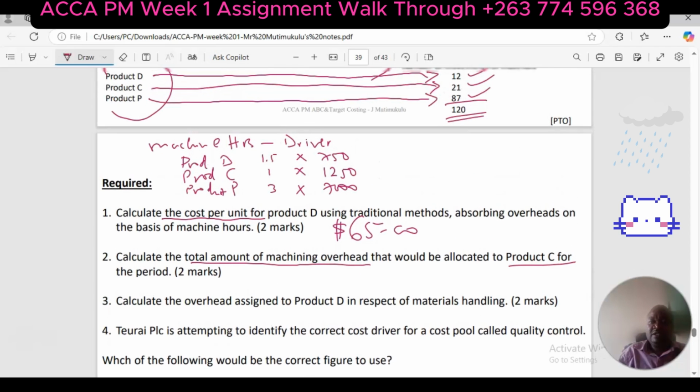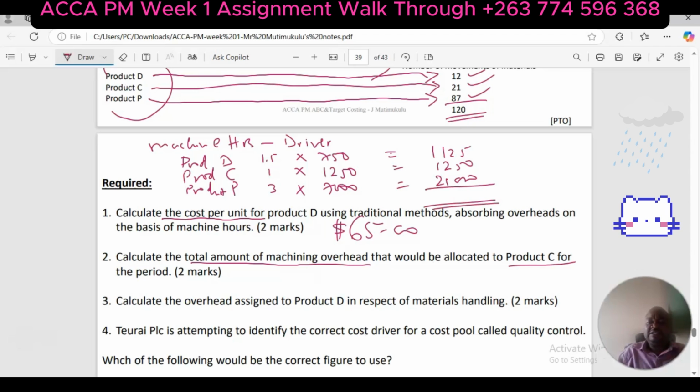Let us use our calculators. 1.5 multiplied by 750 gives 1,125. Then 1 multiplied by 1,250 is 1,250. And 3 multiplied by 7,000 is 21,000.